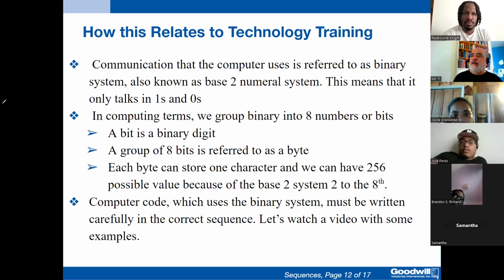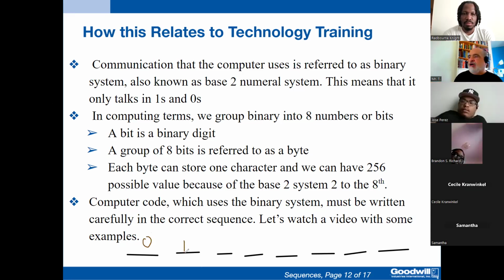So for example, here are 1, 2, 3, 4, 5, 6, 7, 8 positions. Let's say the sequence we're working with is 0, 1, 0, 0, 1, 0, 1, 0, something like that.